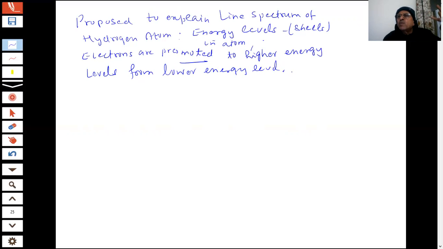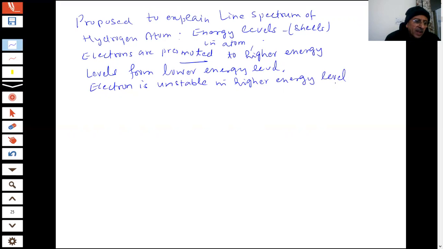There are so many millions of atoms, they will be excited. So electrons are promoted to higher energy levels. Okay? And the electron is unstable, student, in higher energy level.